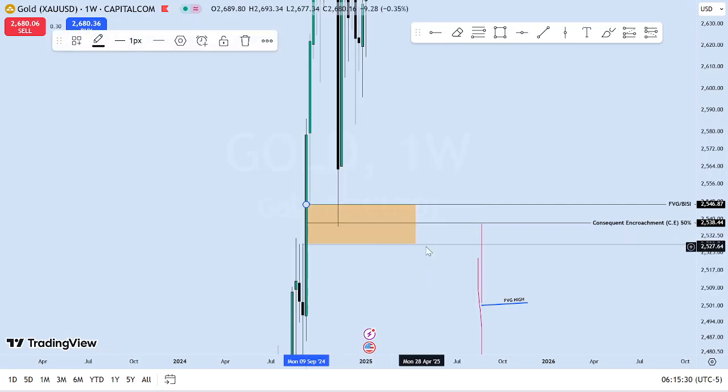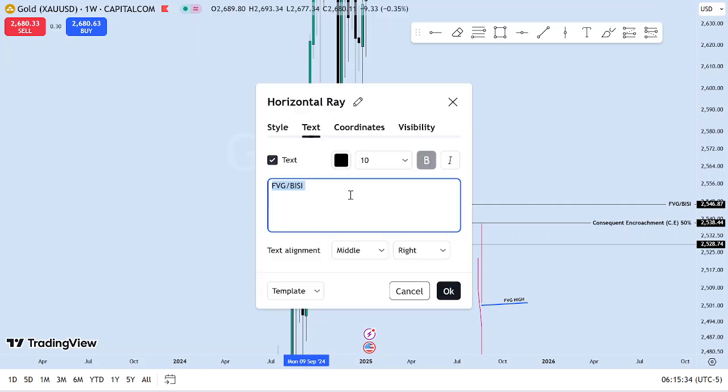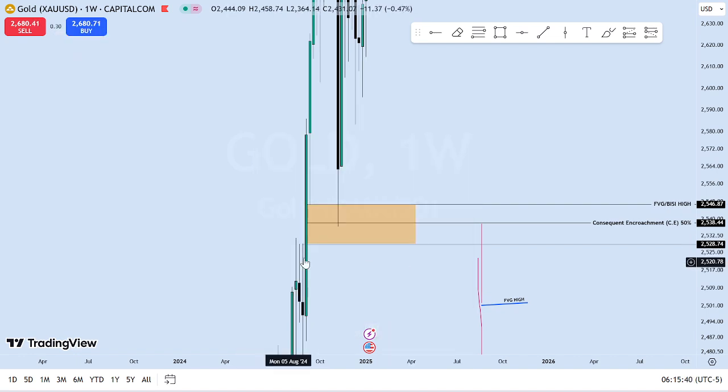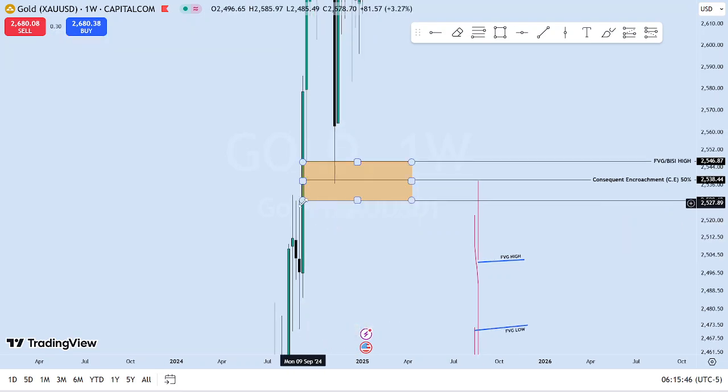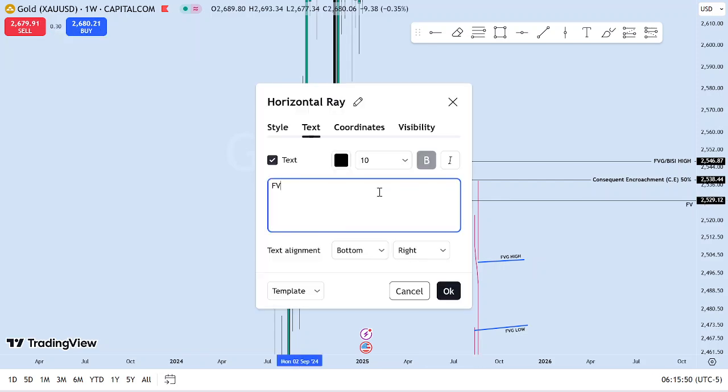You can put it at the middle. That's the high. Here is the low. Fair value gap, BISI, low.